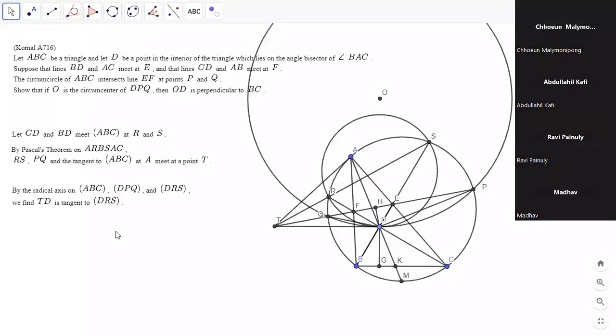But if we can show TD equals TA, that would prove it.